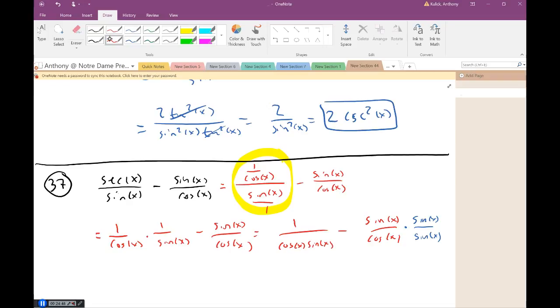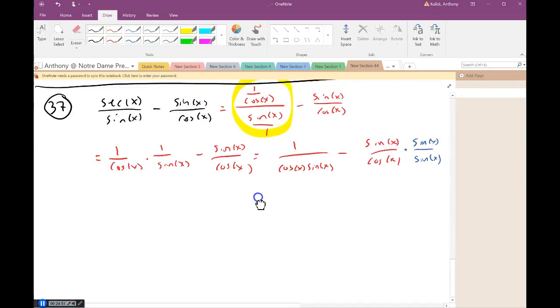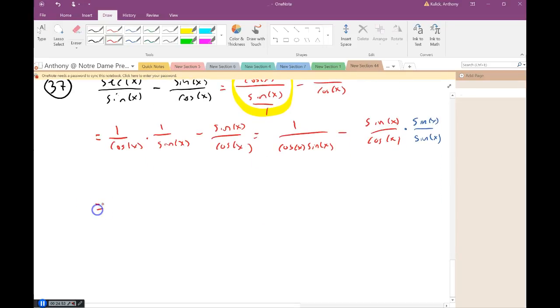So if I just multiply the second fraction by sine x over sine x, I will have a common denominator, right? So my new fraction is this. What is my numerator for this new fraction going to be, though? Yeah, 1 minus sine squared x.